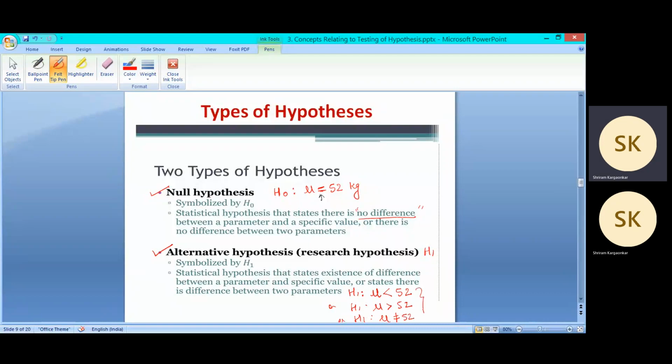All three possibilities are against the null hypothesis, and these three statements are called the alternative hypothesis. So always remember, friends, the alternative hypothesis will contain either the greater than, less than, or not equal to symbol, whereas the null hypothesis will contain only the equal to symbol.